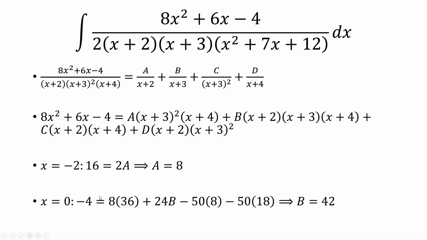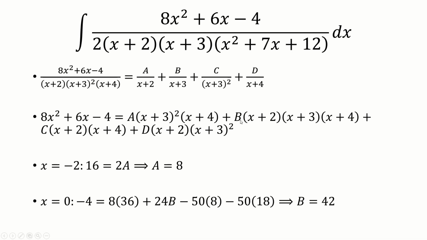On the left side, you get −4. On the right side, we want to use the fact that A is 8. So 8 times 3 squared times 4, so this is 9 times 4, which is 36.